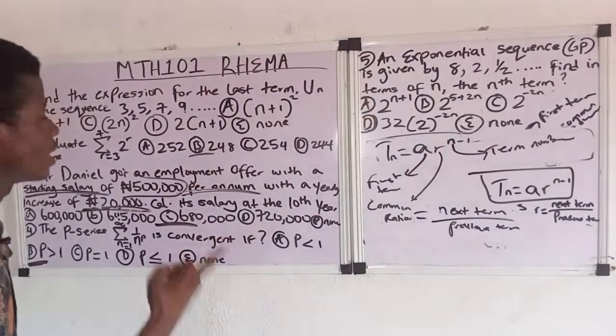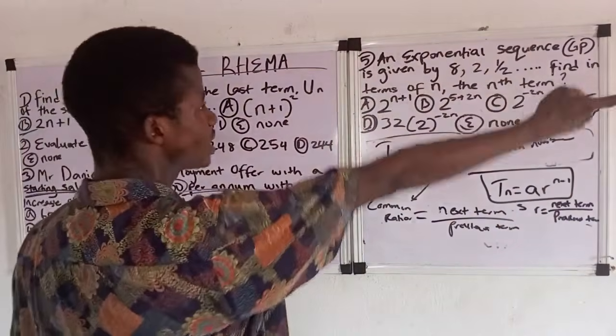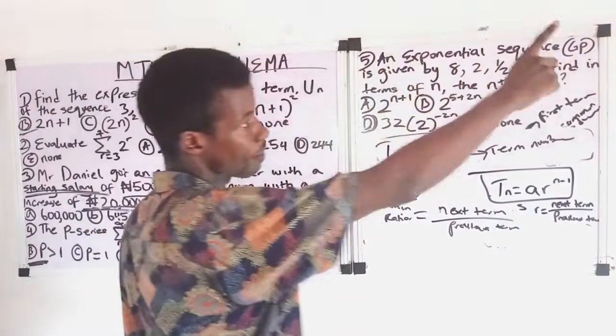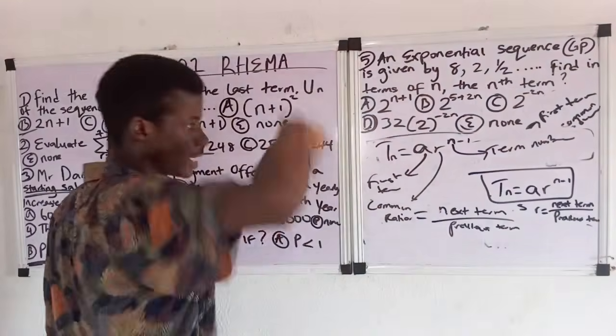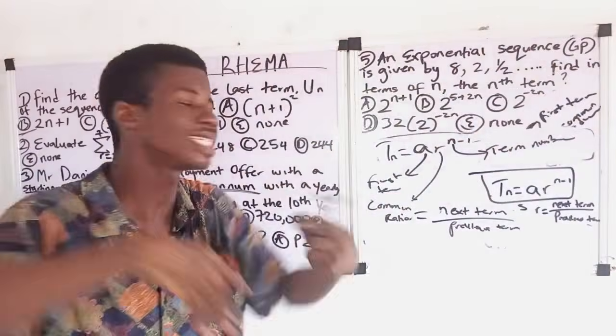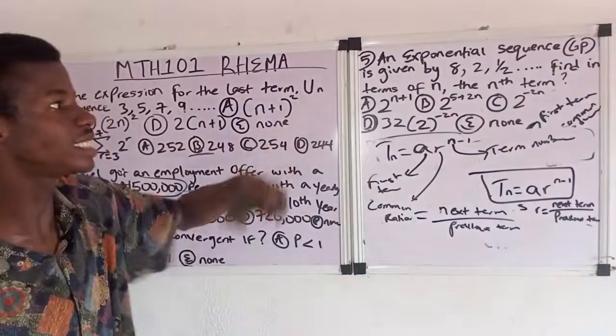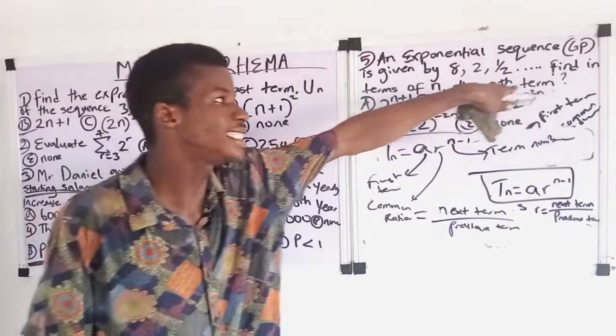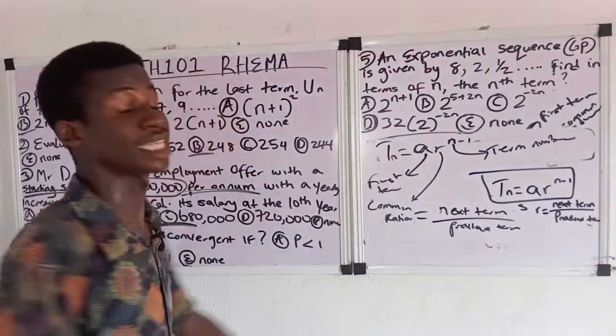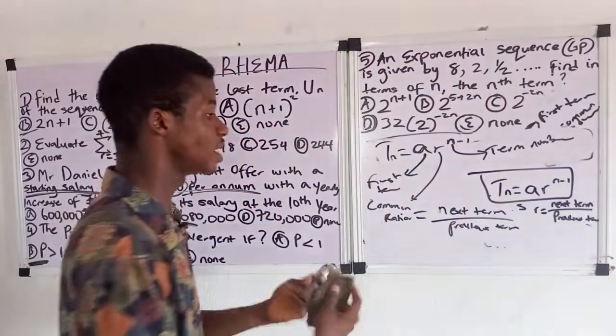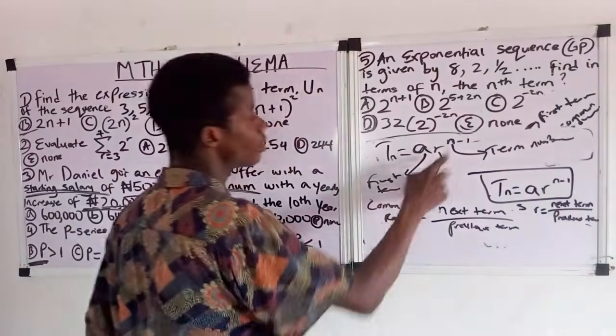So they're asking us to find, for the exponential sequence 8, 2, half, the nth term in terms of n. This n means that your answer will have n in it. So we are looking for the nth term. It's very easy. Let's look for our common ratio first.